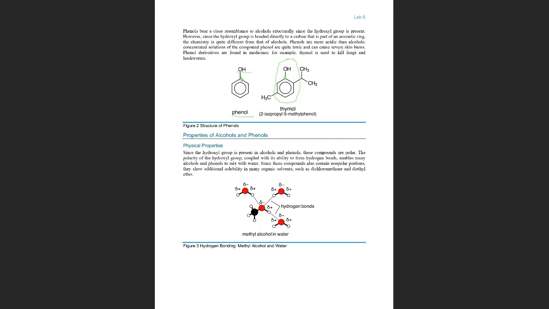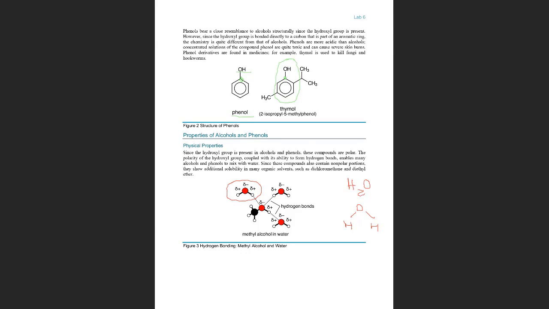Let's pay attention to this drawing. These are molecules of water. The circle in red is the oxygen. So water has 1 oxygen and 2 hydrogens. So they draw the water like that.